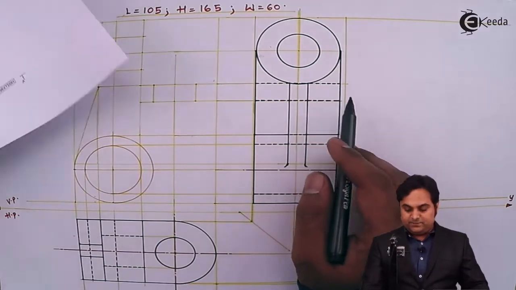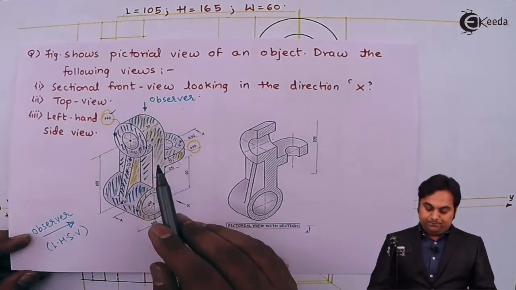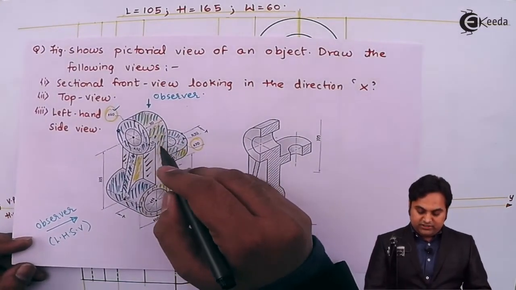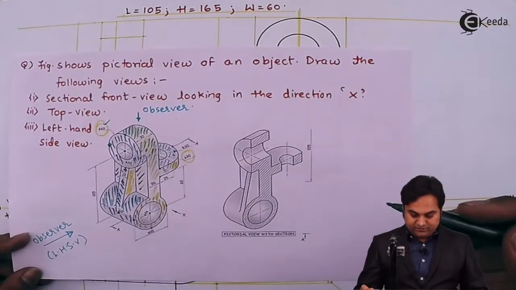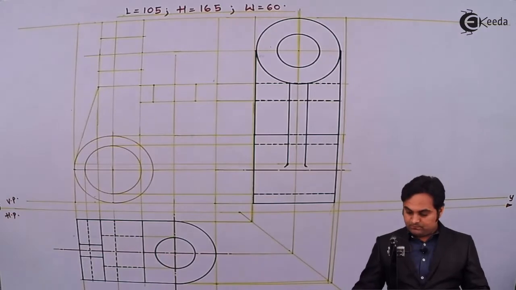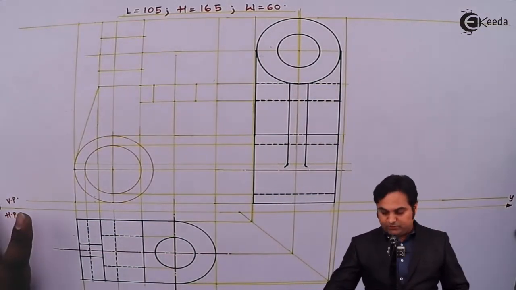Next, inside this plate, there is a circle of 30 mm diameter. So it means that is the width of the circle, which I can get it from the side view, and it is only up to this plate. So this circle is also having 30 mm diameter. I am going to directly project it down.